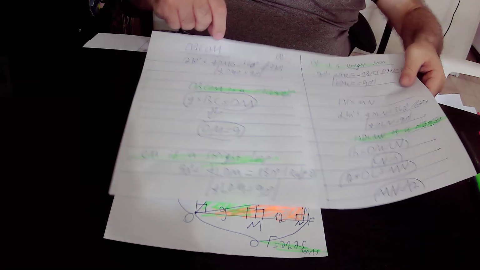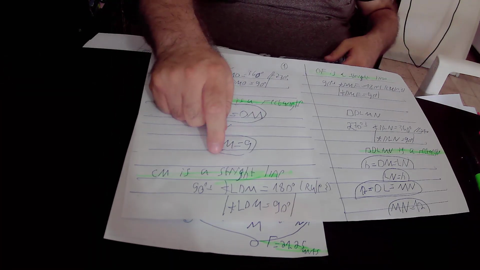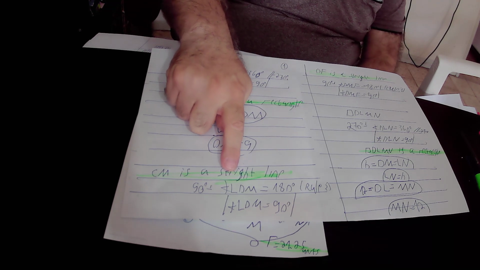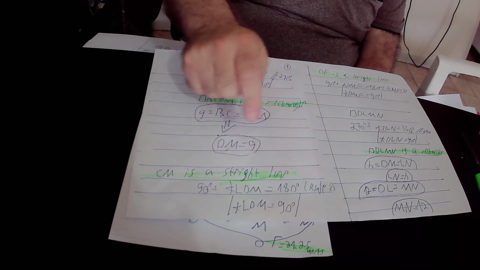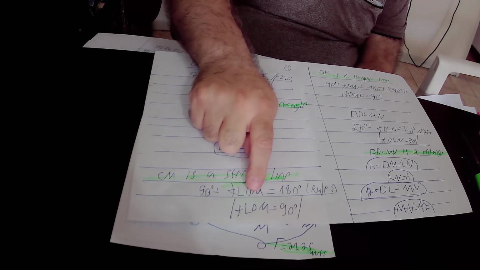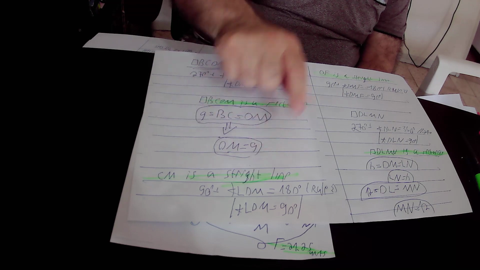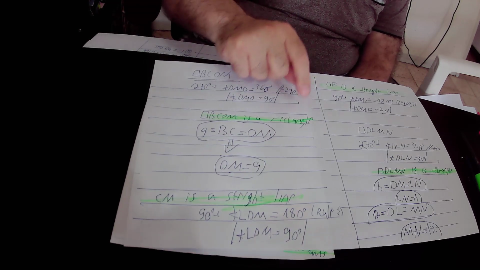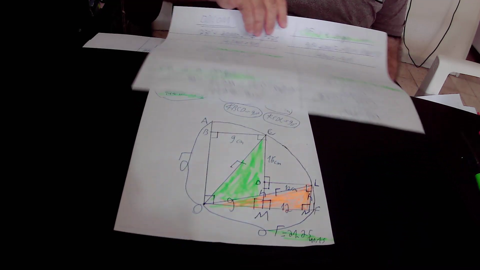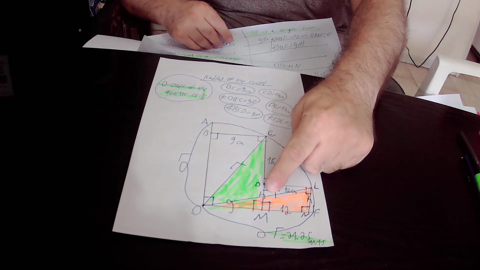In total, the sum of those two angles must be equal to 180 degrees. So 90 degrees plus angle LDM must be equal to 180 degrees according to rule number 3. Here we subtracted 90 degrees from this equation and found out that the missing angle LDM equals 180 degrees minus 90 degrees, it is 90 degrees. So this angle equals 90 degrees.